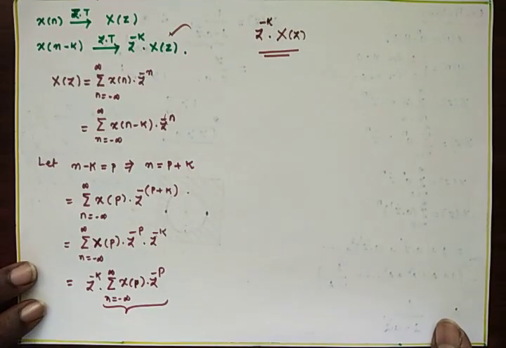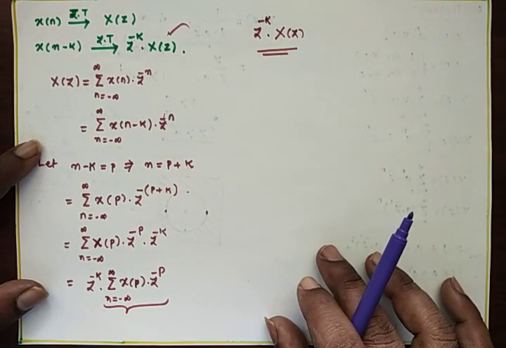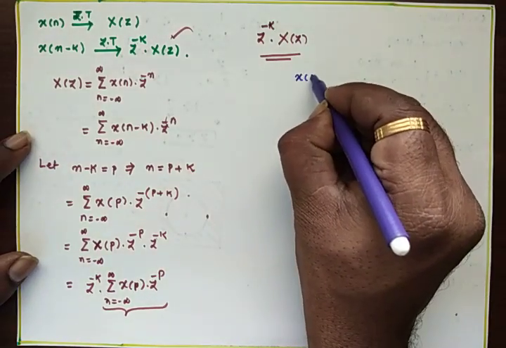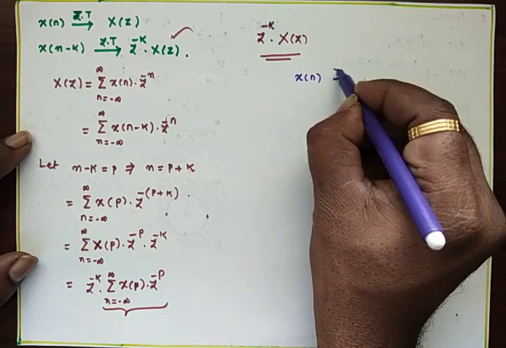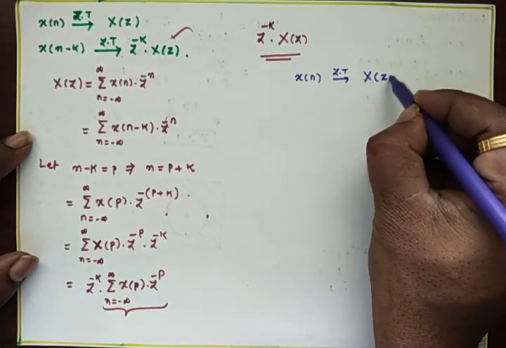Likewise, we have to go with all the properties of the Z transform. Then I am going to discuss one more Z transform property, that is time reversal. What happens here? We have x of n on which we apply the Z transform, so that the resultant signal will be X of z.